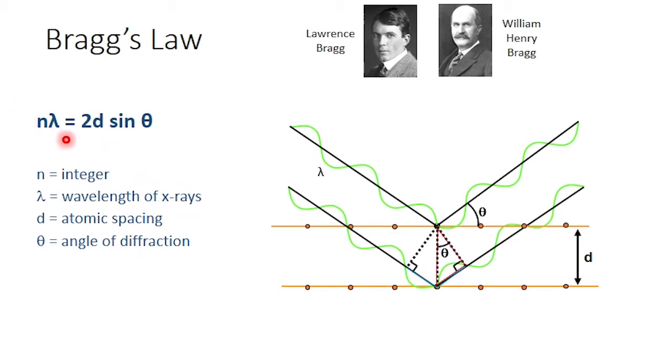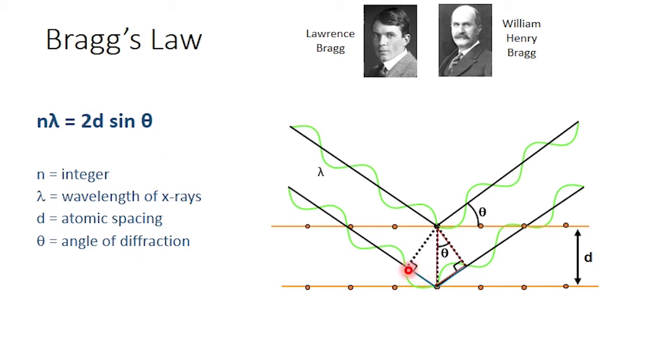Another way to say this is to look at the geometry that's in place here. This single blue line, if we were just to use trigonometry, the length of that line is going to be equal to d sine theta, just as indicated on the right-hand side of this equation.